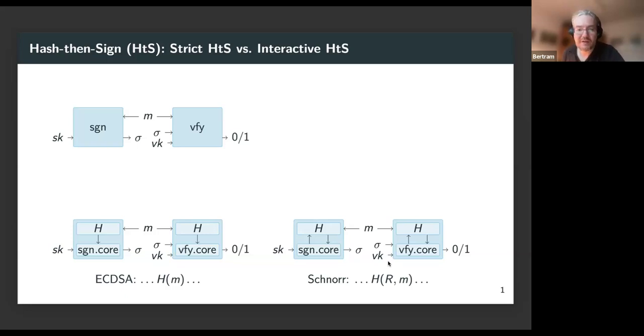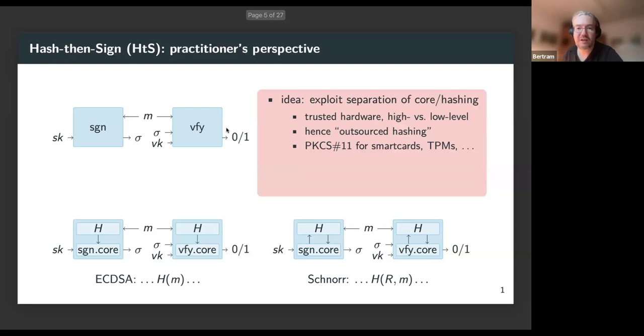Now, these structures don't appear in the generic versions that we, in the domain of provable security, like to think of signature schemes. But in practice, these structures are exploited, namely the separation of hashing and the core of signing or the core of verification. That is what practitioners actually love to use, and they do this regularly. I'll give you some examples.